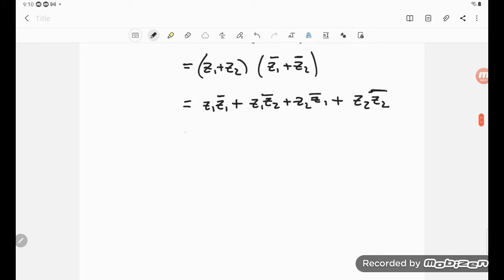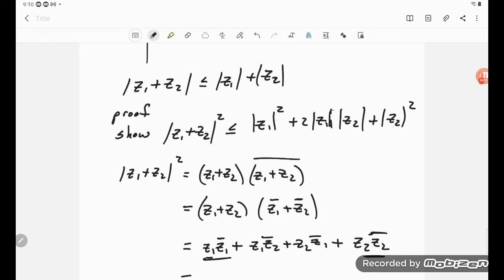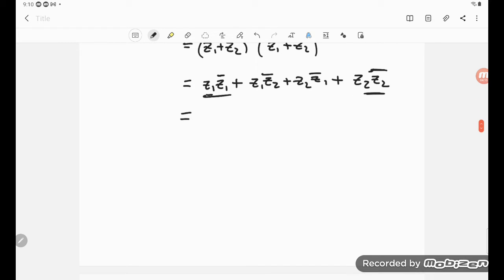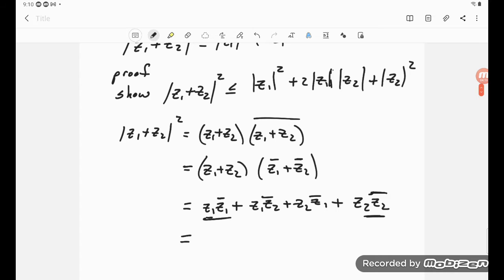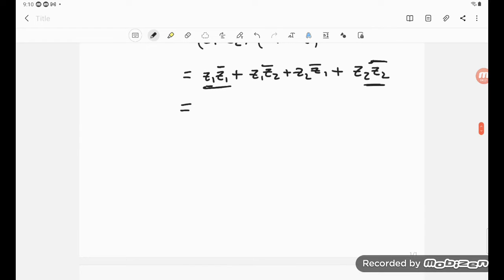Okay, now it's nice. This first term and the last term are exactly what we need for the first and last there. So this is absolute value Z1 squared, and down here we're going to get the absolute value of Z2 squared, so that's great. Now we just need to work on the middle.